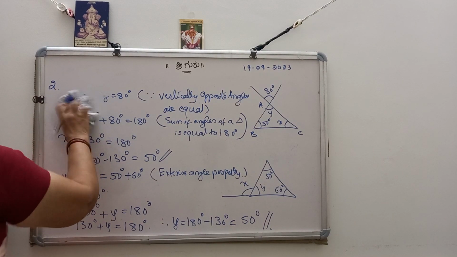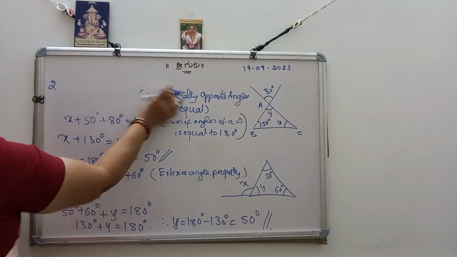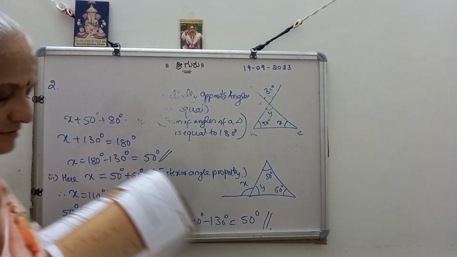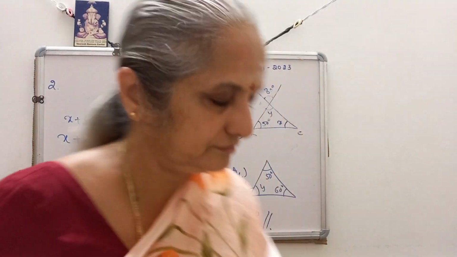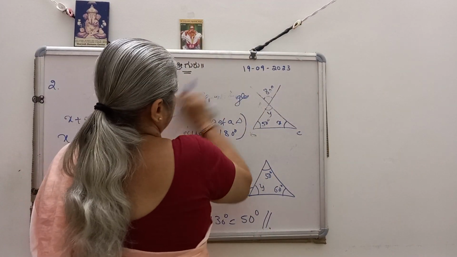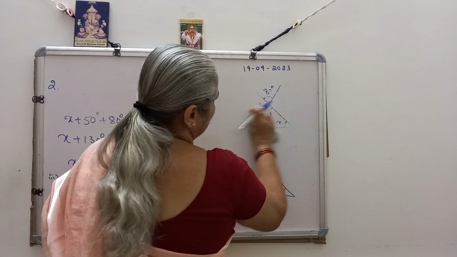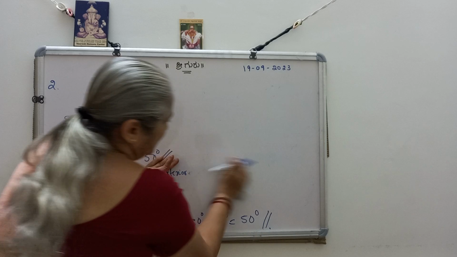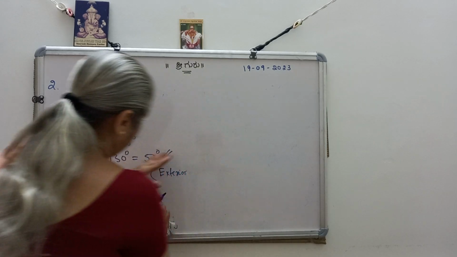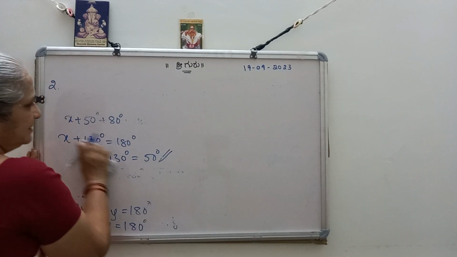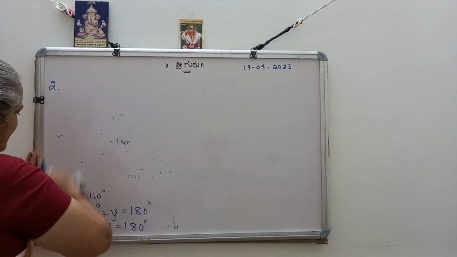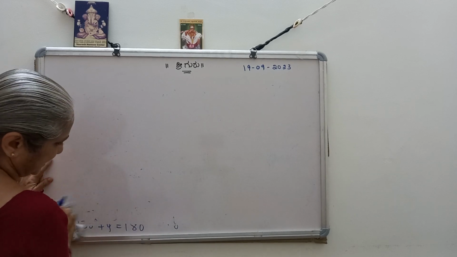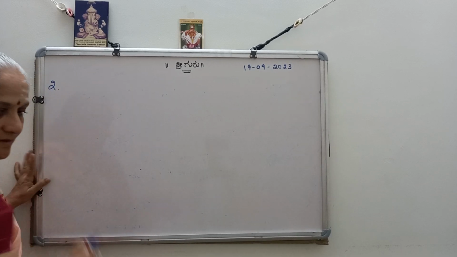Try to find on your own, children. You should be able to find the unknown angles on your own and check with my answer when I solve here, so that you will be perfect in finding the unknown angles.